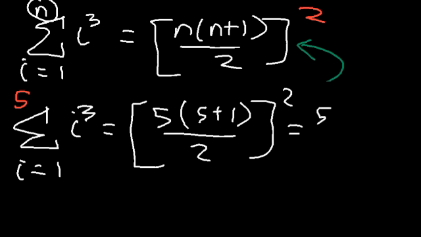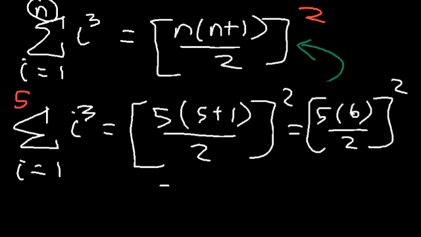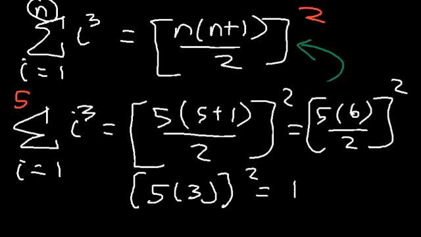So 5 plus 1 is 6, and 6 divided by 2 is 3. So we have 5 times 3, which is 15. So this is 15 squared. 15 times 15 is 225. So we get the same answer.